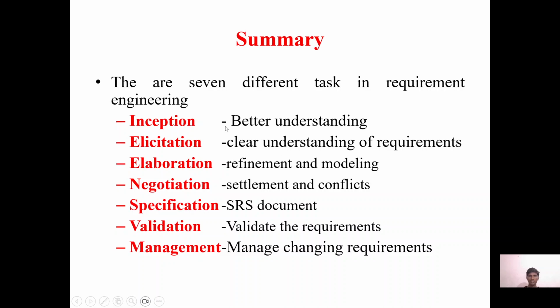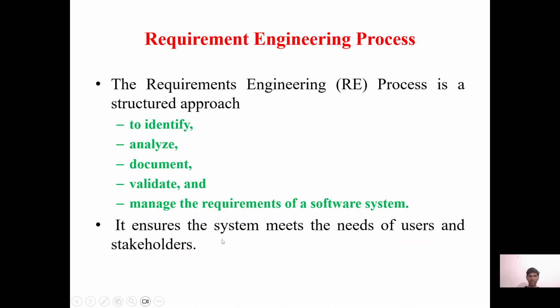The summary of this task is: in inception we will have better understanding, elicitation will give clear understanding of the requirement, in elaboration we will be refining and modeling, in negotiation we will be settling conflicts, in specification you will have the SRS documents, validation will be validating the requirement, and finally in management, managing the changes required. Next is requirement engineering process.